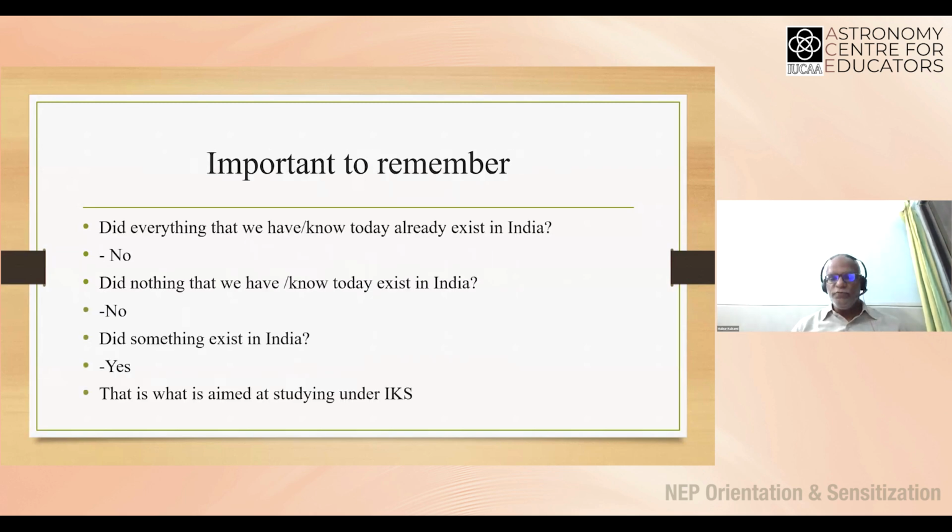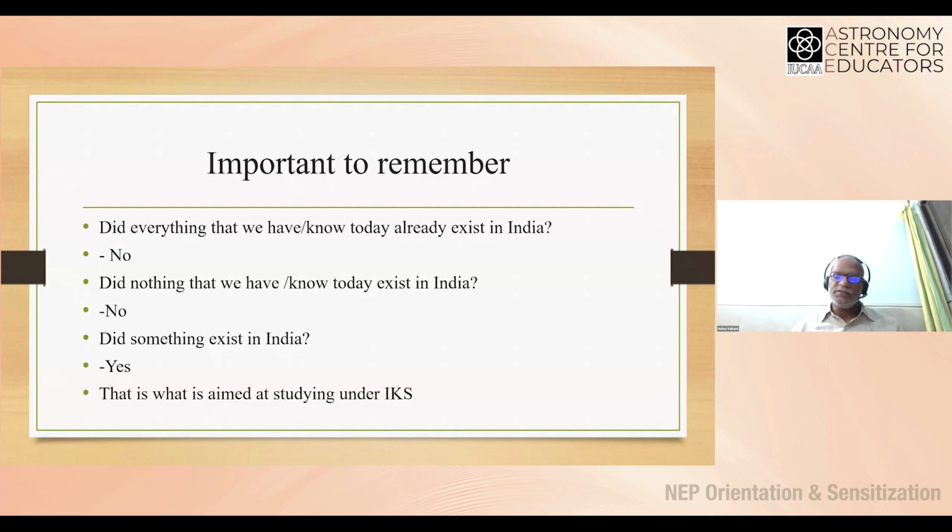We took a very broad view over here, an academic view, I would say, by addressing these questions. Did everything that we have or know today already exist in India? The simple answer to this question is no. At the same time, did nothing that we have today exist in India? The answer to this question is also no. Did something exist in India?